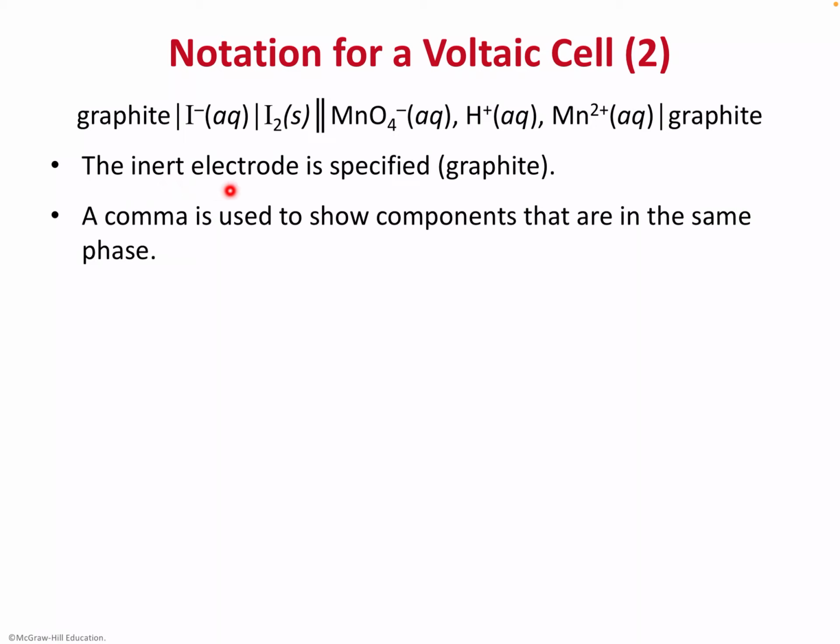The inert or inactive electrode is specified, graphite. A comma is used to show components that are in the same phase. If they are not in the same phase, we have to put a single line. Graphite is a solid, aqueous, solid. Here they are in the same aqueous medium, so we just put a comma to separate them.